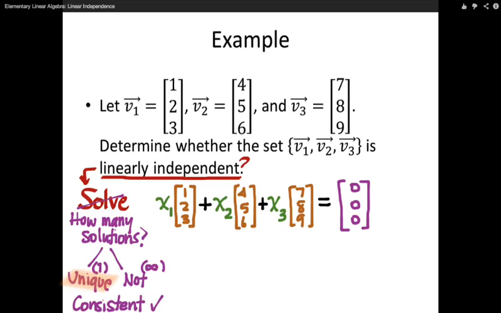If I have only one solution, then are my vectors linearly independent, or are they linearly dependent? If it's unique, if there's only a single solution to this system of equations, then independent. In other words, it's consistent because the 0 solution always works. Let me write that down here.